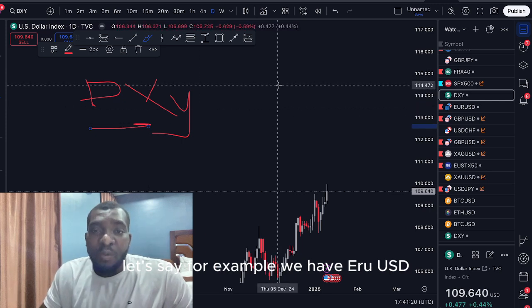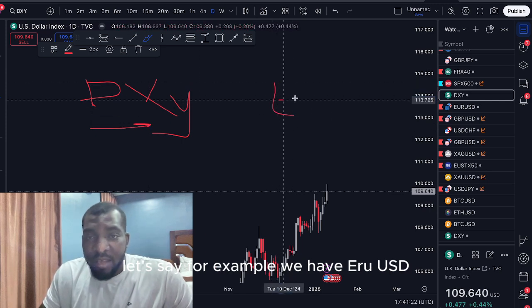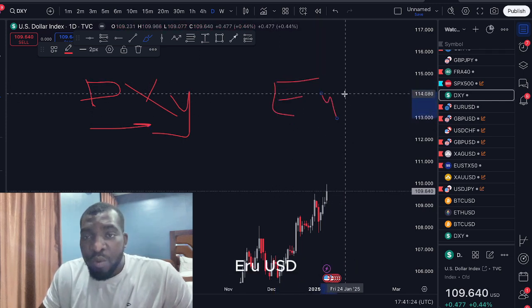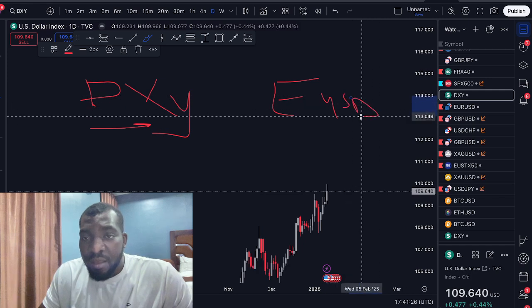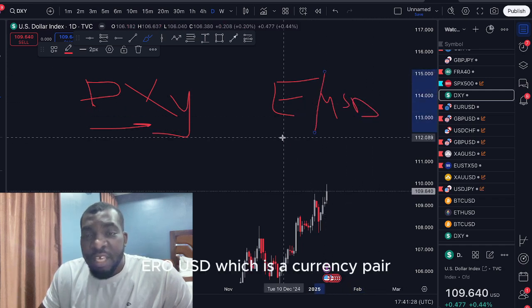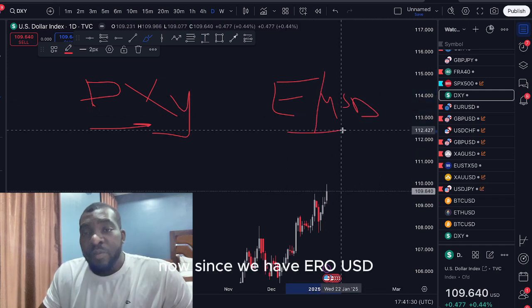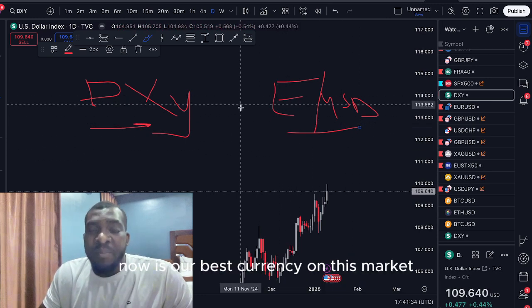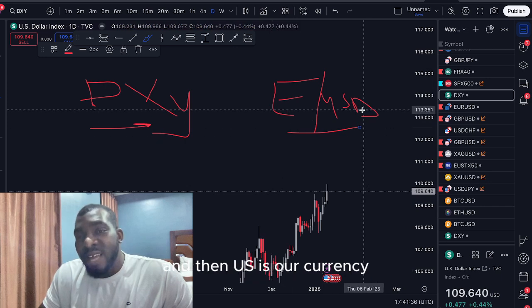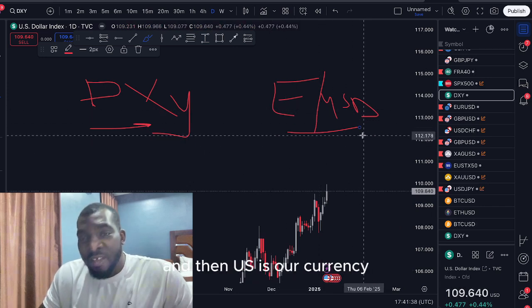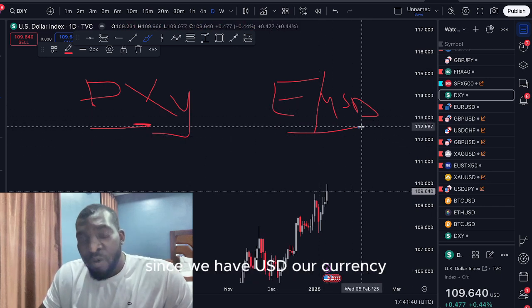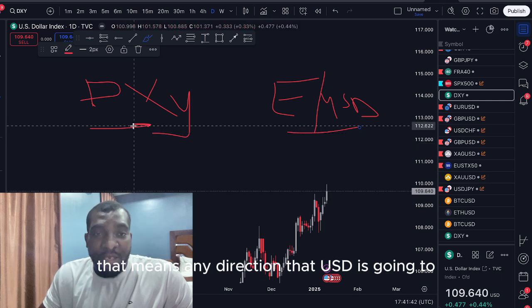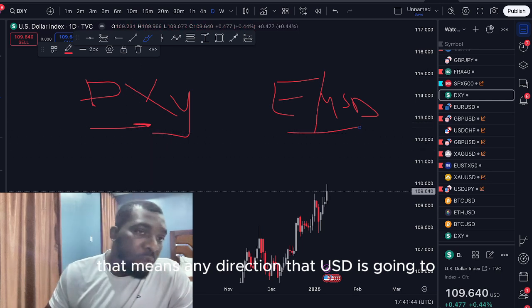Let's say, for example, we have EUR/USD, which is a currency pair. Euro is our base currency on this market, and USD is our quote currency.